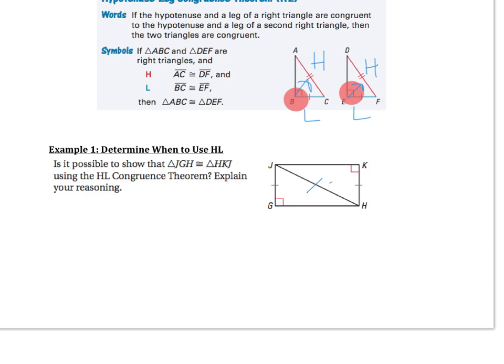First off, we can mark JH as a common side. You can redraw this so you can see the two right angles.